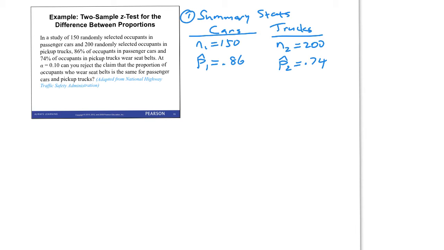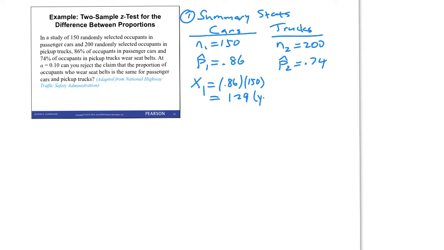Okay, now, in order to get the pooled estimate, and if we were to do any calculator shortcuts, we're going to need to know how many people said yes, I was wearing a belt in each sample. So we'll just use the letter x for that. So that would be 86% of 150 people, or 129.